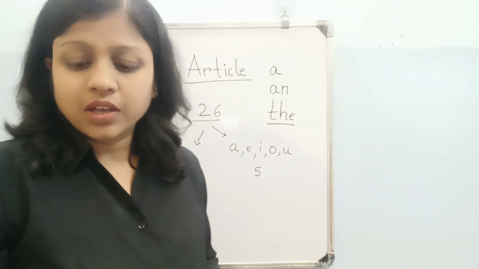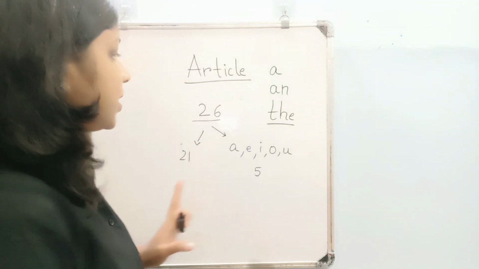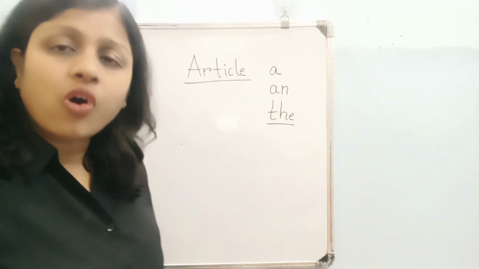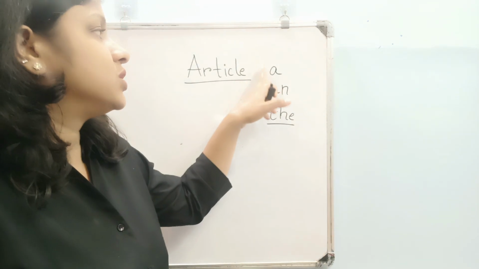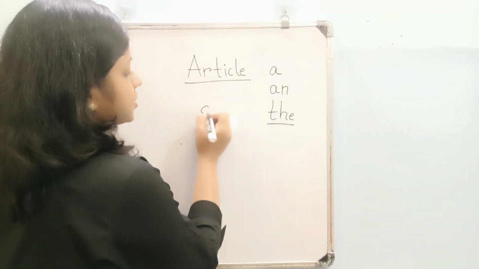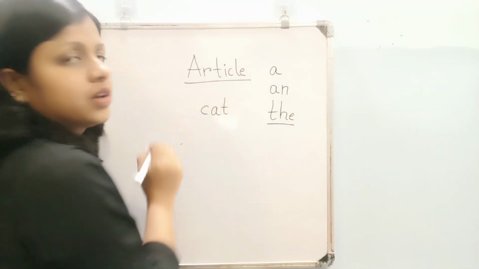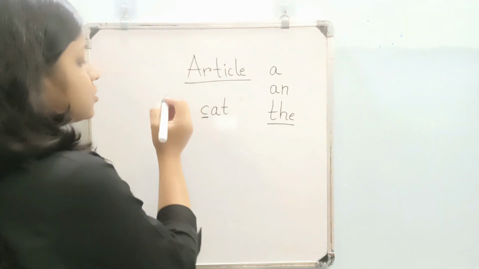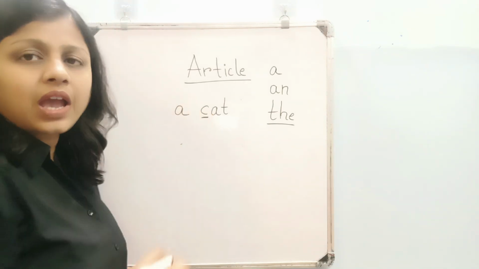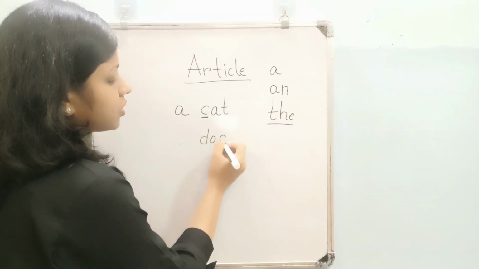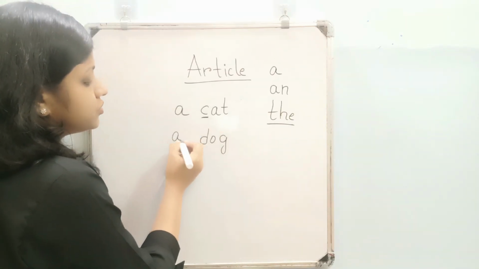Okay children? Now, the simple rule is when a word is starting with a consonant, we put the article a, like cat. It's starting with a consonant C, so a cat. Like dog, a dog.